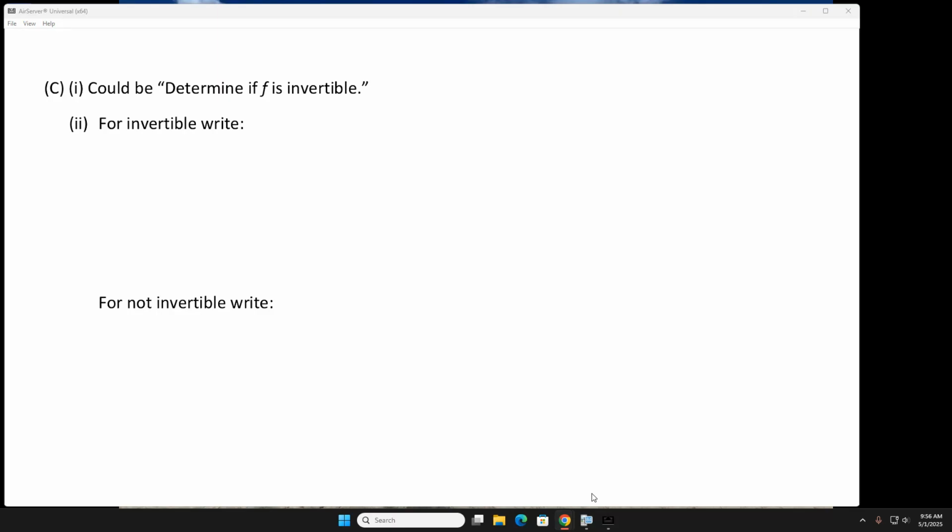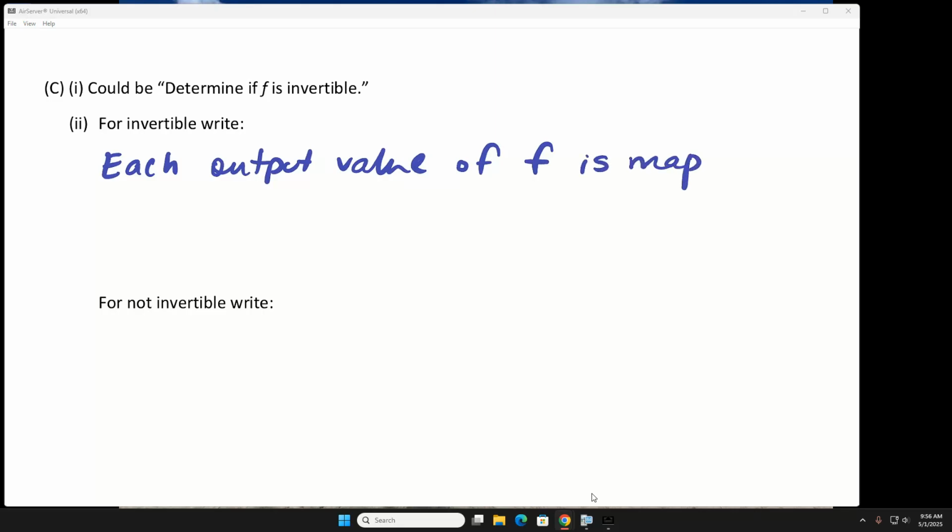And so if a function is invertible, or if f is invertible, you're going to say the reason is that each output value of f is mapped from a unique input value.